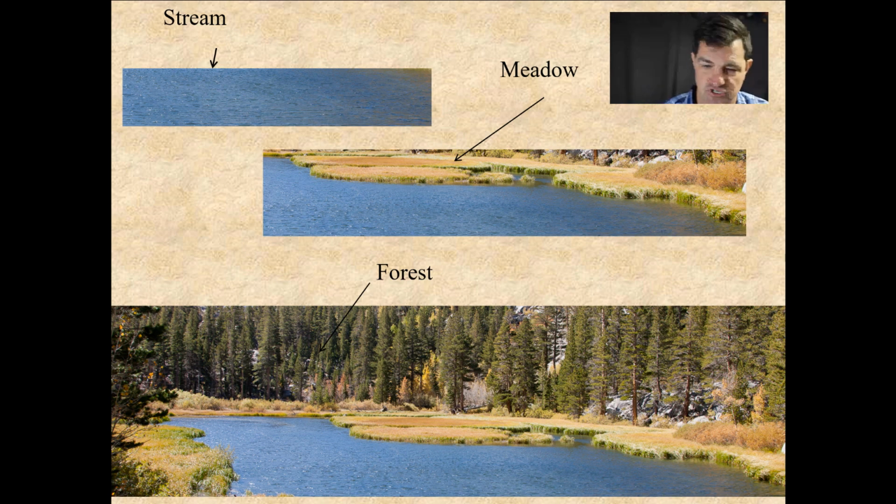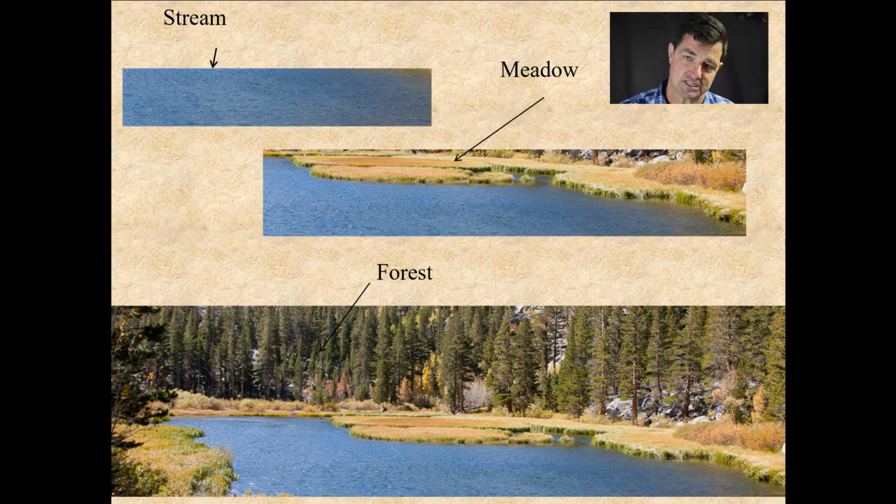So if you start with a small area, like up at the top here, you look at a stream, well, only certain kinds of plants or animals would live in a habitat that is just the stream. But if you back up and now you have the stream and the meadow, well, you have different animals that are going to live in the meadow, and maybe different animals that live in the stream, like fish, for example.